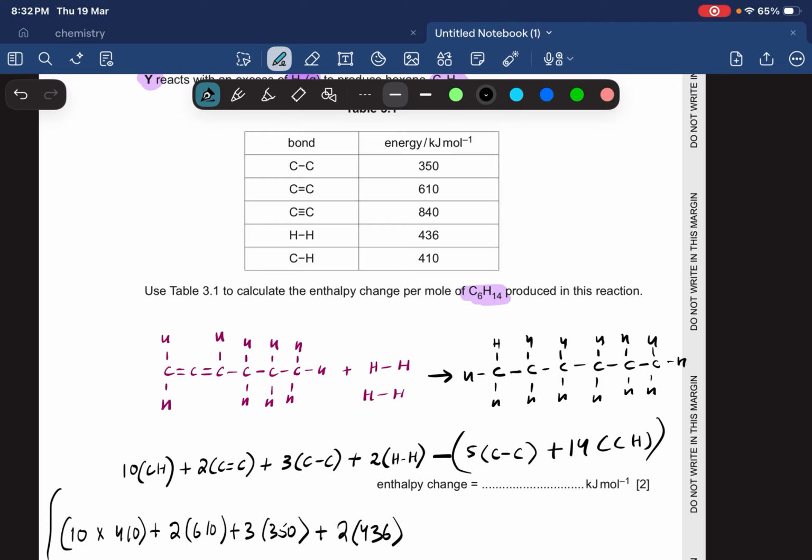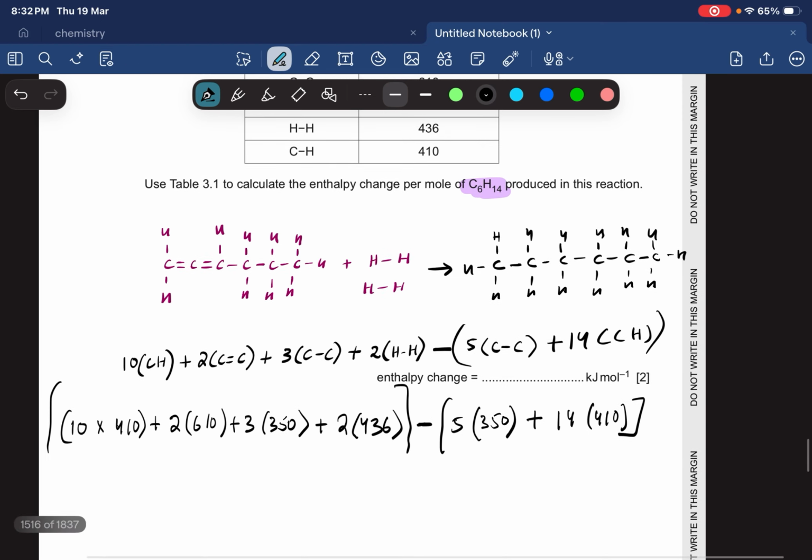Okay, this is going to give me all the energy that's put in to break the bonds, minus all the energy that's released: 5 times carbon-carbon single, that's 350, plus 14 times CH, 410. And then I'm going to get my answer as enthalpy change.